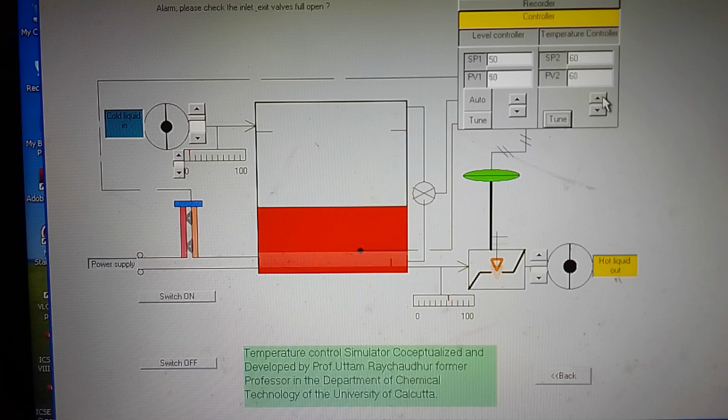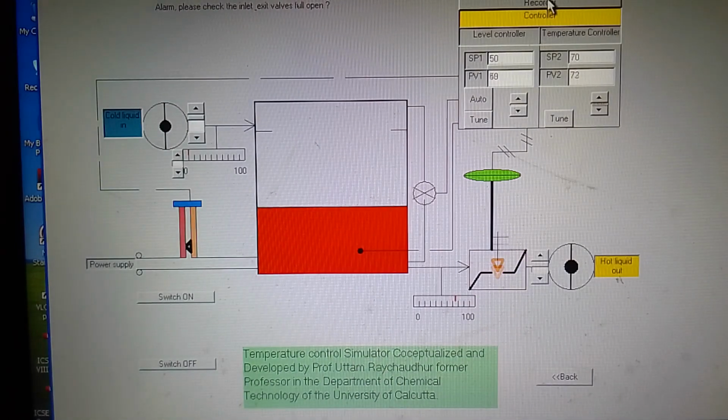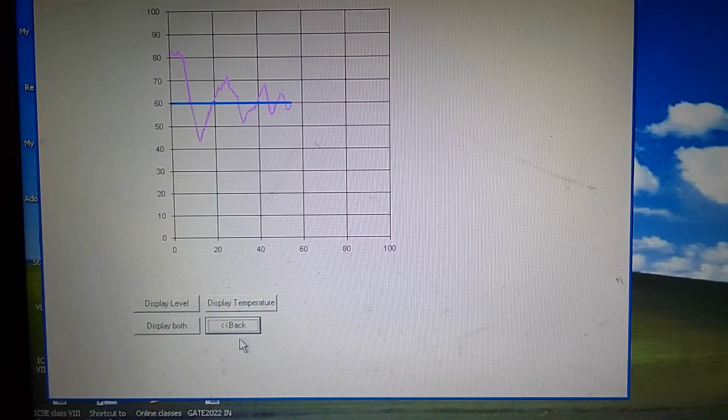It has reached 60, now you can make it 70 also, and then we will see the graph. Display level: I think it is 50, unchanged.